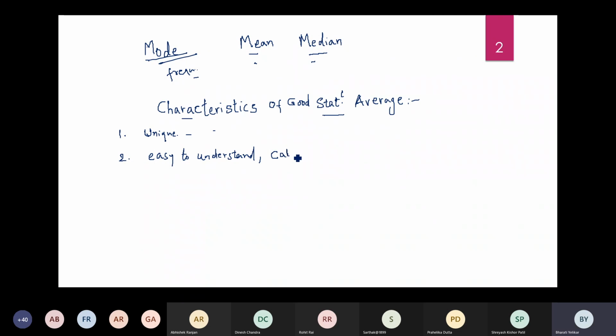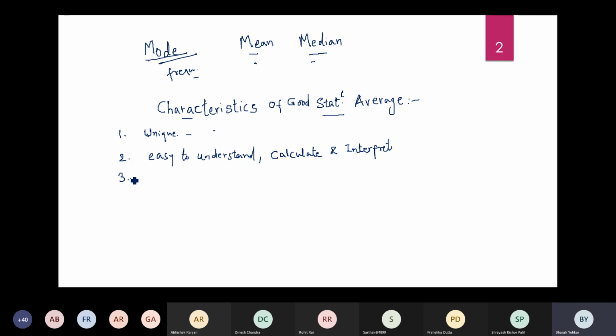That means I will write it in the same thing: easy to understand, calculate, and interpret. So this is the second important good characteristic of a statistical average.